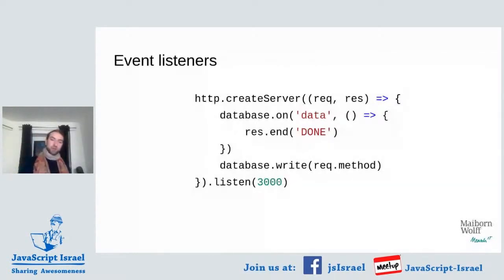But as soon as you call that, it will add one listener to the database in general, and not only locally. So it's not for the single HTTP call, but you will have lots and lots of data event listeners. And even though they might not be big in memory, they will build up over time.